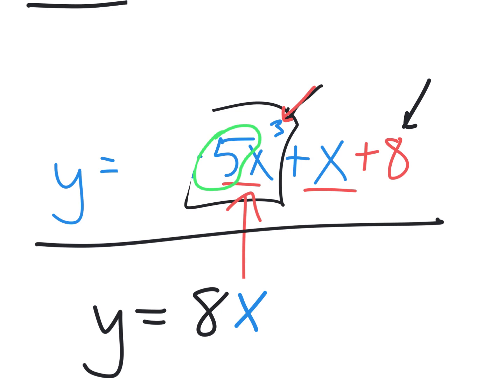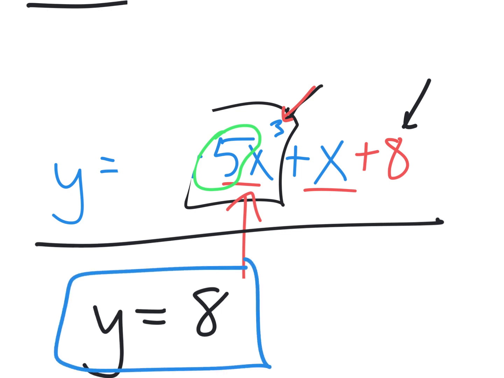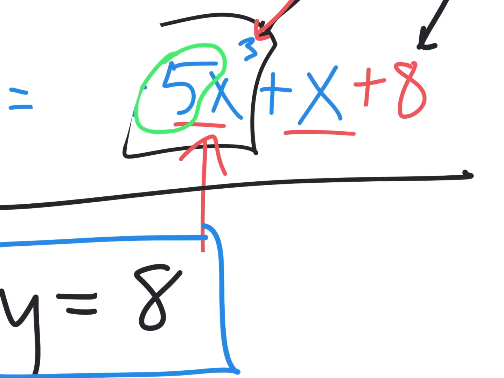So if it doesn't have that, that's not a coefficient anymore, it's called a constant. So 8 is the lead term. And even if it's to the 20th, 8 to the 20th is just a really big number. It is the lead term, but it's not a coefficient because there's no x. This is just a really, really big constant.